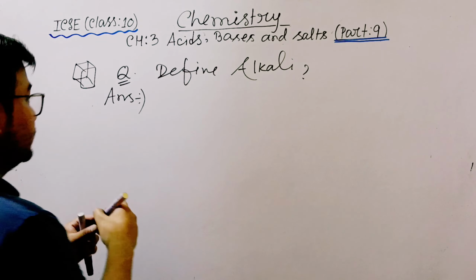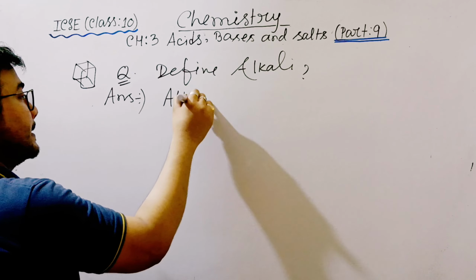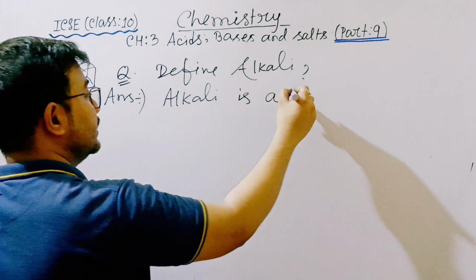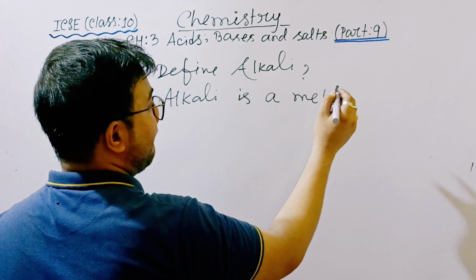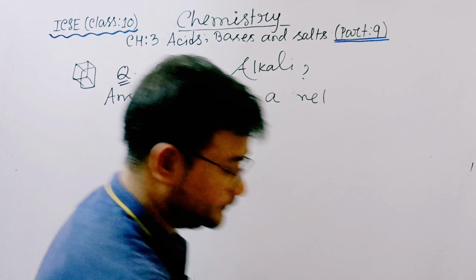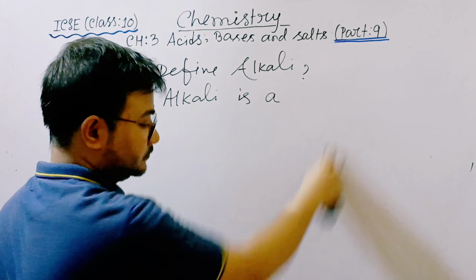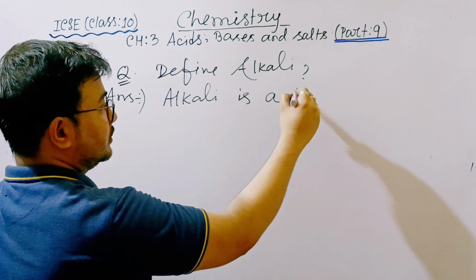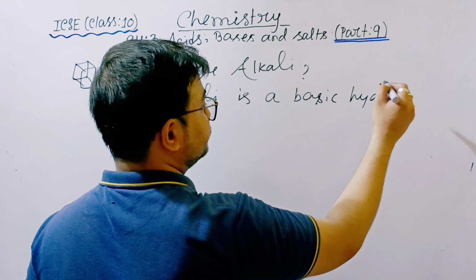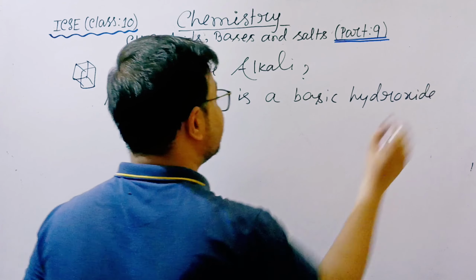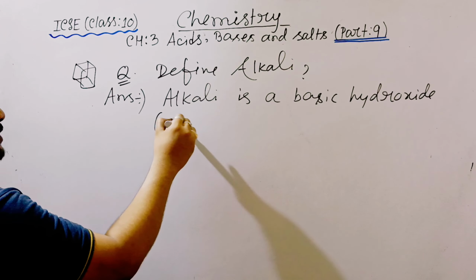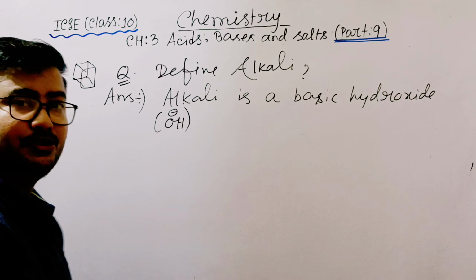Already I told you, alkali is a basic hydroxide. See, alkali is a basic hydroxide. You can write within brackets OH minus also, because hydroxide means OH minus.